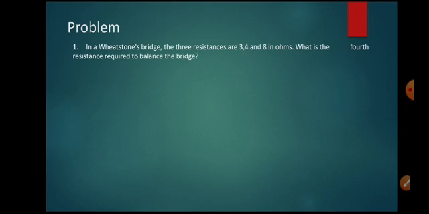Right? So based on this, here is one problem. In a Wheatstone bridge, the resistances are 3, 4, 8 in ohms, and what is the fourth resistance required to balance the bridge?